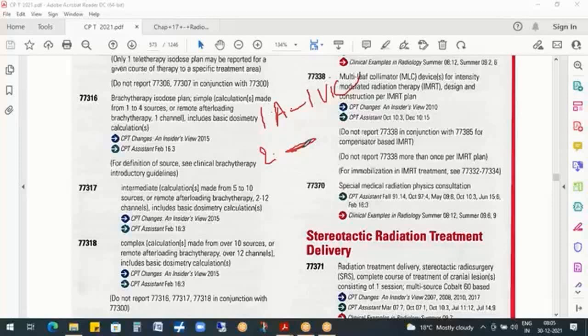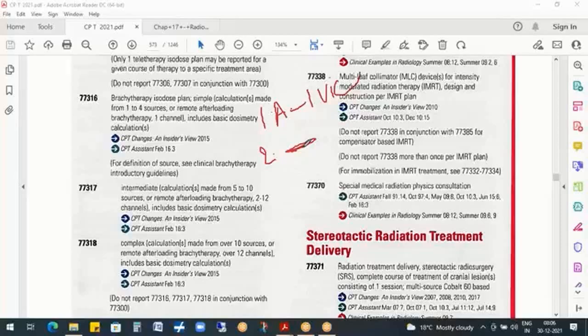Codes are based on: first point, with contrast. Second point, without contrast. Third point, without followed by with contrast.